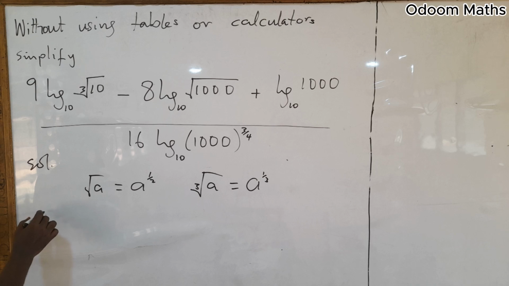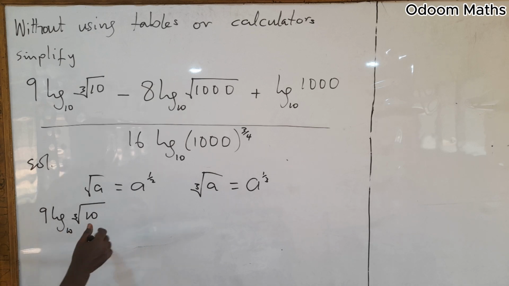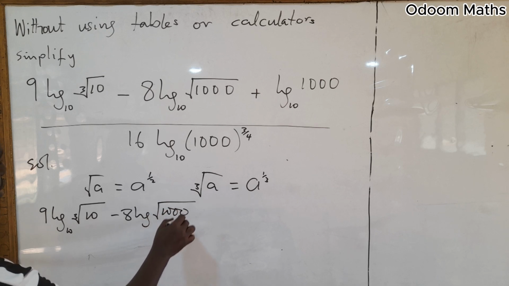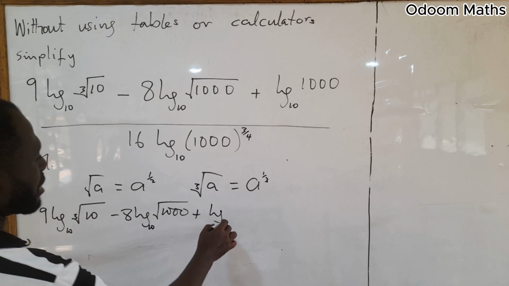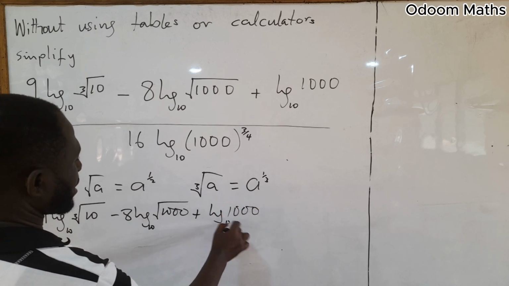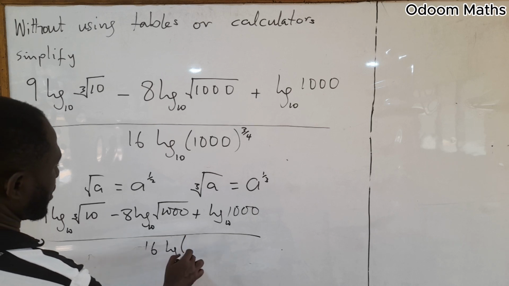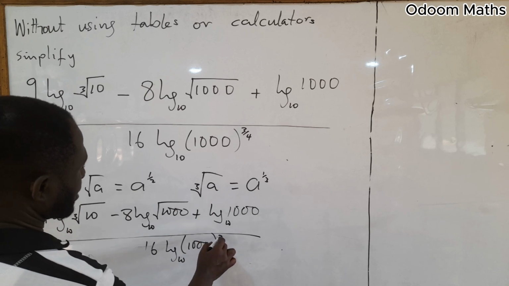So 9 log cube root of 10 base 10, minus 8 log root of 1000 base 10, plus log 1000 base 10, all over 16 log into brackets 1000 base 10, and then this is to the power 3/4.